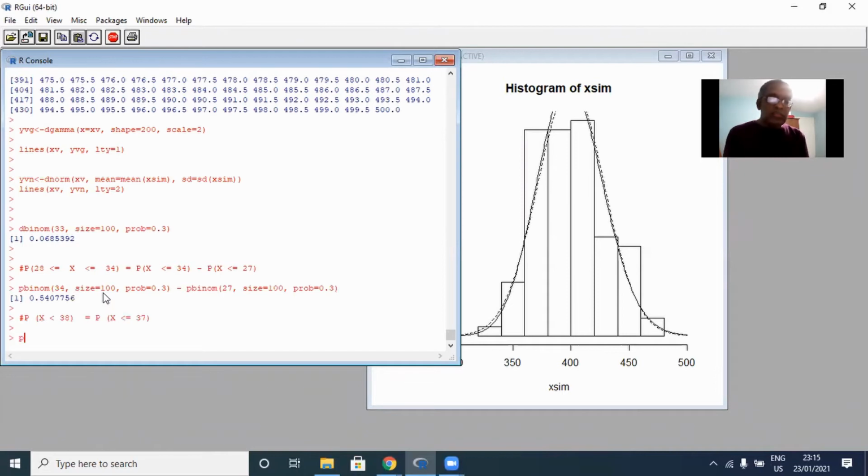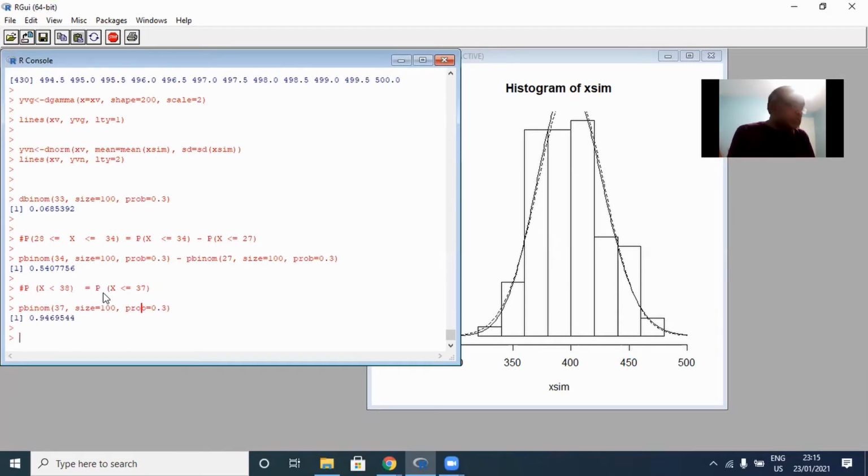So this is the same as pbinom at 37, with size equal to 100 and probability equal to 0.3. So this is the answer to the probability that x is less than 38. So we've done the first part.